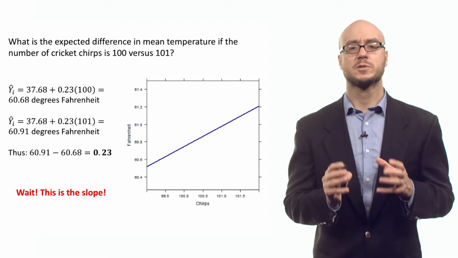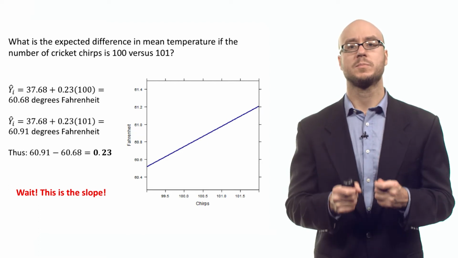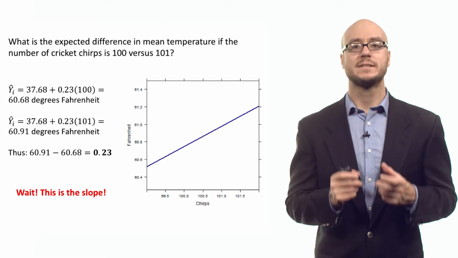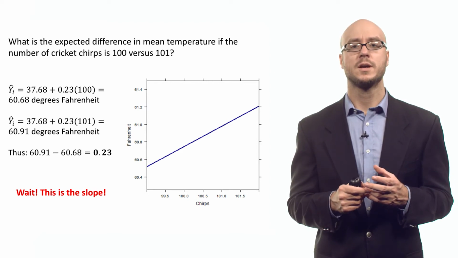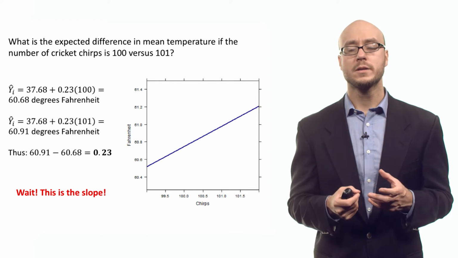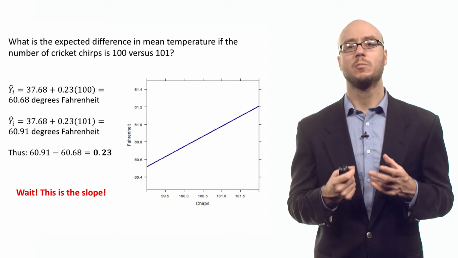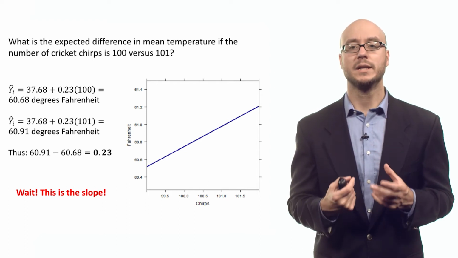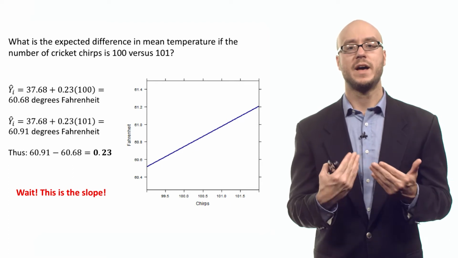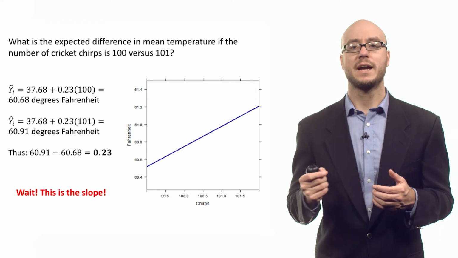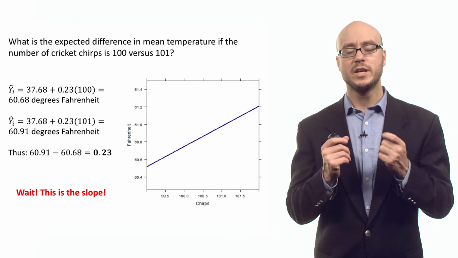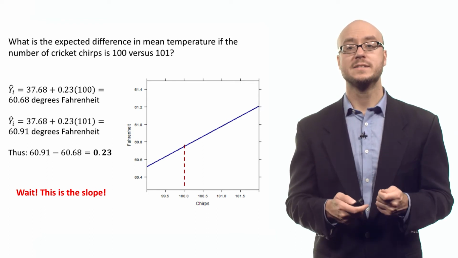When the number of cricket chirps per minute is 100, we get 60.68 degrees Fahrenheit. When it is 101, we get 60.91 degrees Fahrenheit as the expected mean. The difference between these two values, if you take 60.91 and subtract 60.68, you get 0.23. That is the slope.